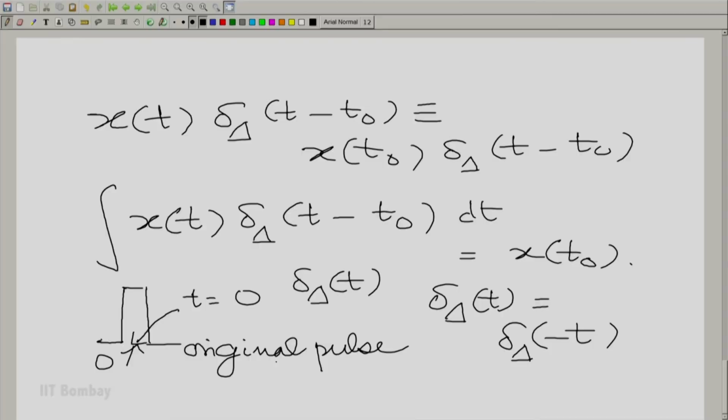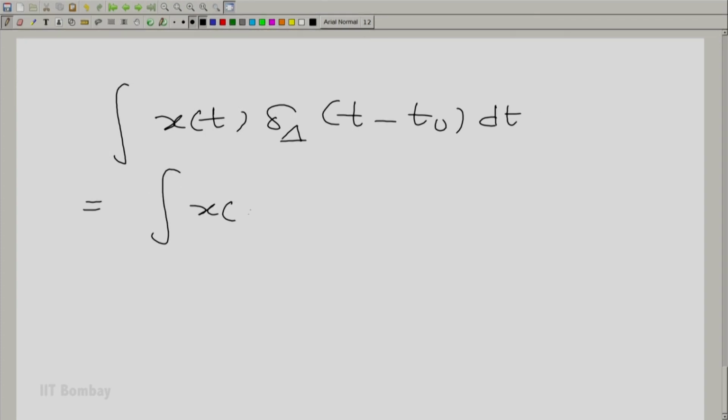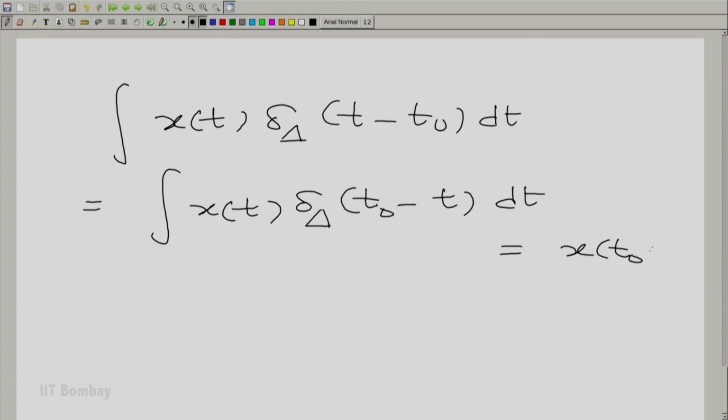Let us use this property to write down a slightly modified equation. The slightly modified equation is the integral of x of t delta capital delta t minus t0 dt is the same as the integral of x of t delta capital delta t0 minus t dt, and this becomes equal to x of t0.